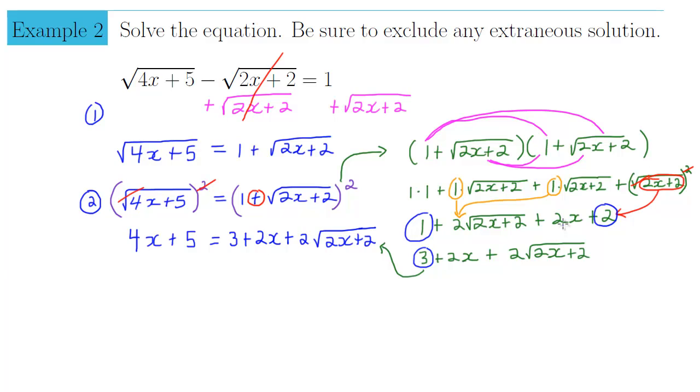The 2x comes down. And the 2 root 2x plus 2 comes down as well. So after FOILing out 1 plus root 2x plus 2 times itself, you end up with the expression 3 plus 2x plus 2 root 2x plus 2. So that's what I put in here. 3 plus 2x plus 2 root 2x plus 2.